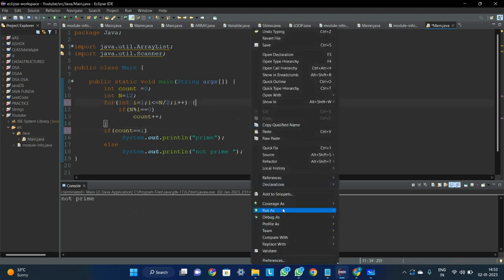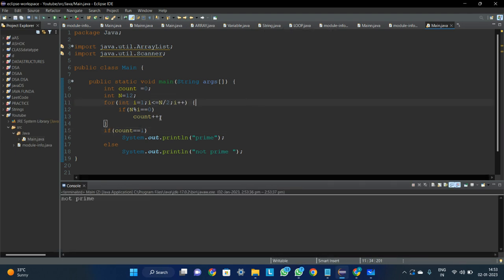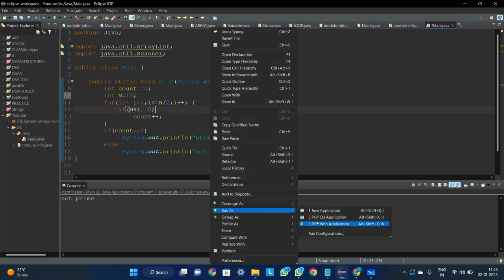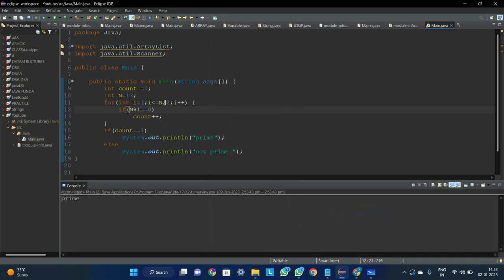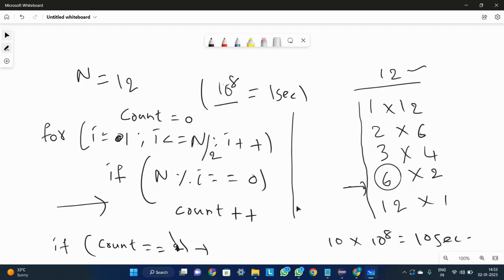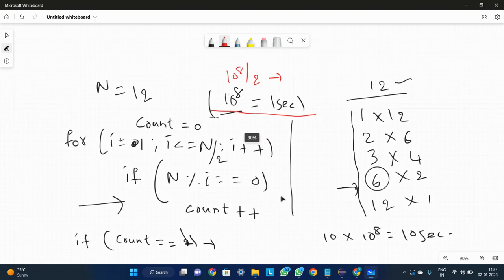So yeah, it's not a prime. For example, if I take 13 and check, yeah, it's a prime. Previously I was running 10 power 8 iterations, but now it is reduced by half. That means 10 power 8 by 2, so we can decrease some time. Less loops, less time.